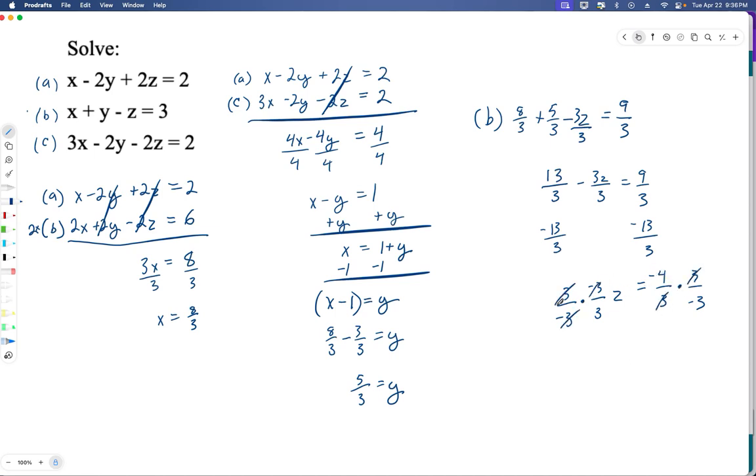These cancel. These cancel. So I have z is equal to negative 4 over negative 3, which makes that a positive 4 over 3. So my solution set is 8 over 3, 5 over 3, 4 over 3. That's my solution set right there.